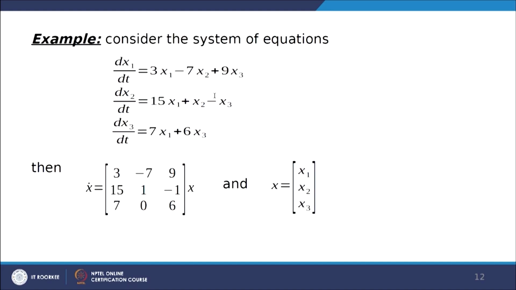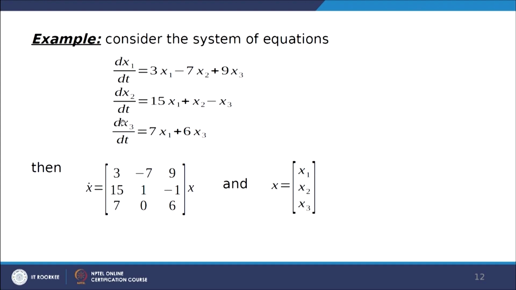Now, x naught is this column vector. Let us consider, for example, the system of equations dx1 by dt equal to 3x1 minus 7x2 plus 9x3, dx2 by dt equal to 15x1 plus x2 minus x3 and dx3 by dt equal to 7x1 plus 6x3. Then again, if you take x(t) to be the vector valued function x1(t), x2(t), x3(t), then x dot will be dx1 by dt, dx2 by dt, dx3 by dt.